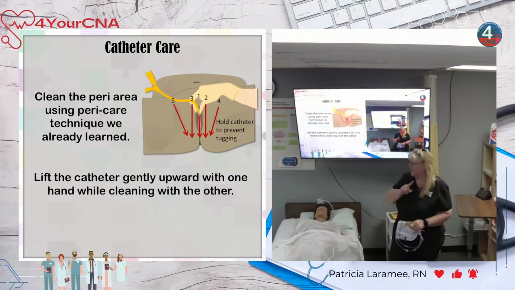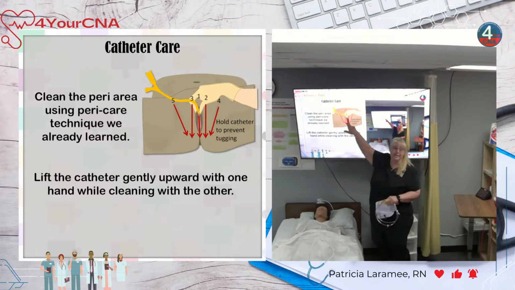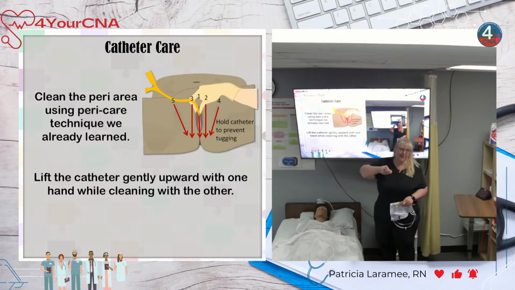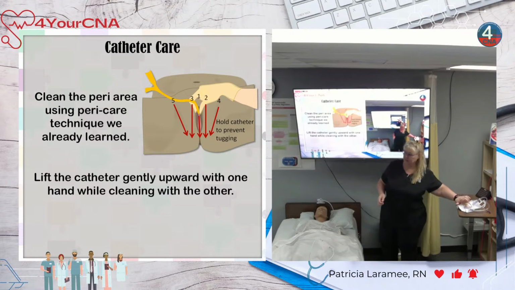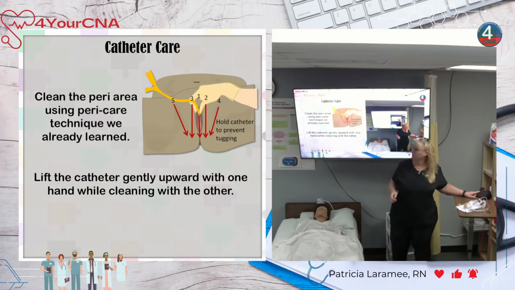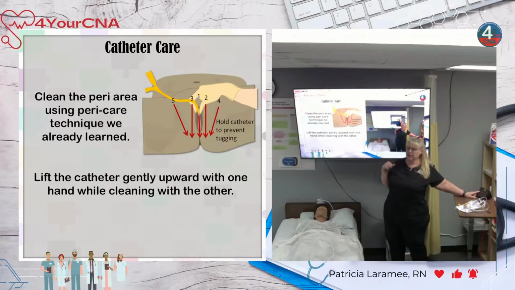That's exactly why we hold it here, so it's not pulling on the inside. If I hold it here, where it's exited the body, and I pull, I'm only pulling this part, not what's inside the patient. Good question. So we're going to do peri-care, middle, side, skin fold, holding that tube out of the way.